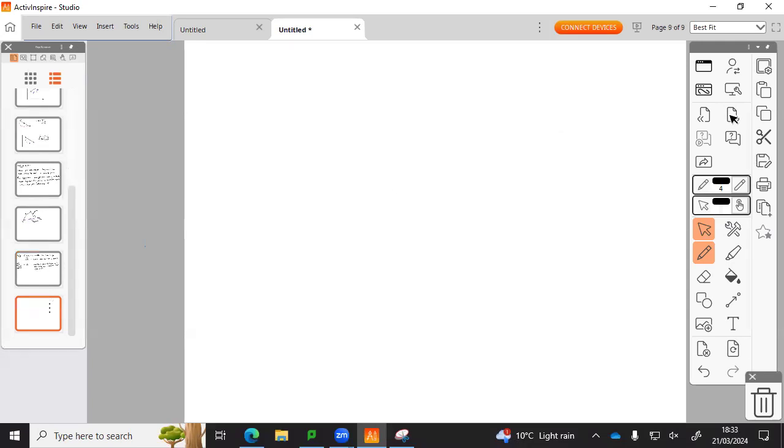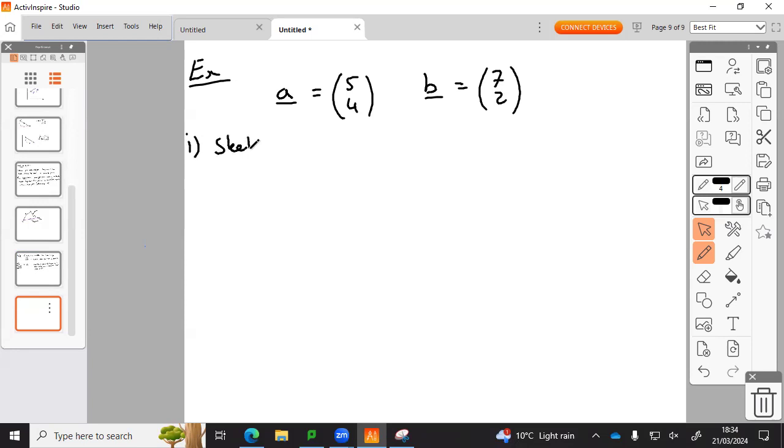Let's look at an example of addition. Vector A is (5, 4) and vector B is (7, 2), and we want to sketch A plus B. Now, you won't get asked to sketch this, so this is just representative.